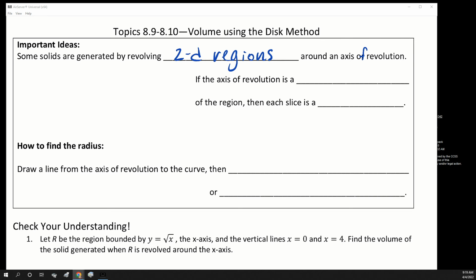If the axis of revolution is a boundary, so it actually touches the area you're revolving, then each slice is a circular disc, like a slice of a lemon.